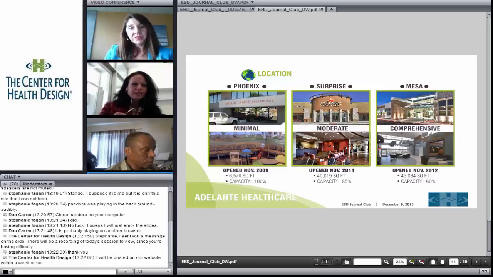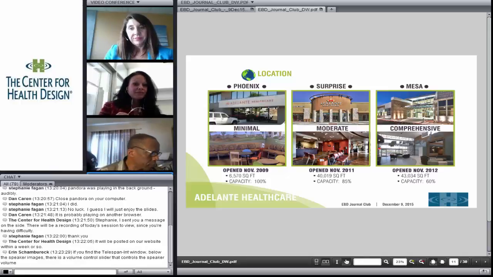The Surprise facility, what we're terming moderate, was the organization's first attempt at incorporating evidence-based design into their interior features. And they really did, quite honestly, a fantastic job. You can see that in the patient areas in that image.